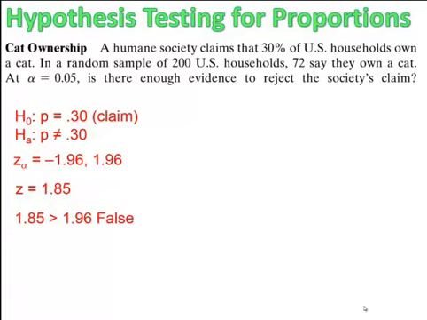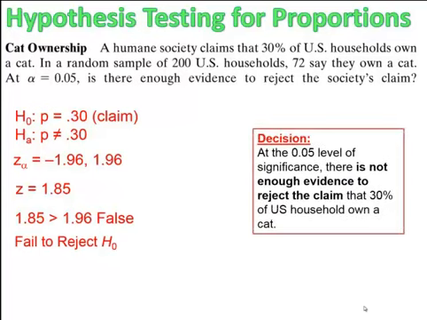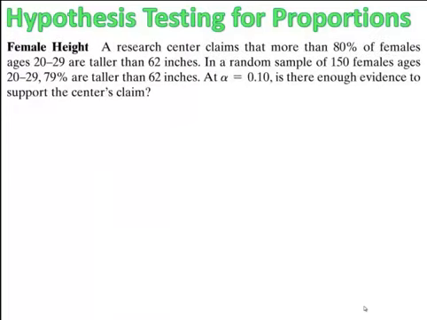Our test statistic is not greater than 1.96, and we fail to reject the null hypothesis. And because the claim is on the null, and we fail to reject the null, there is not enough evidence to reject the claim. Pause and try.